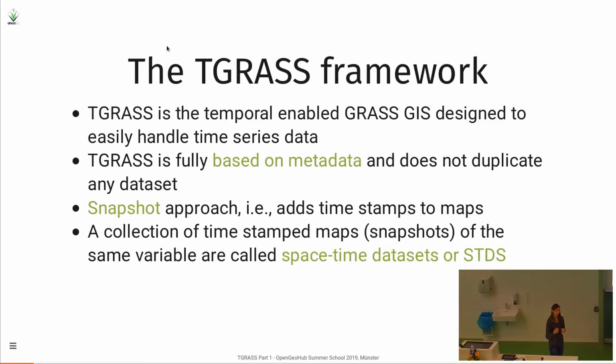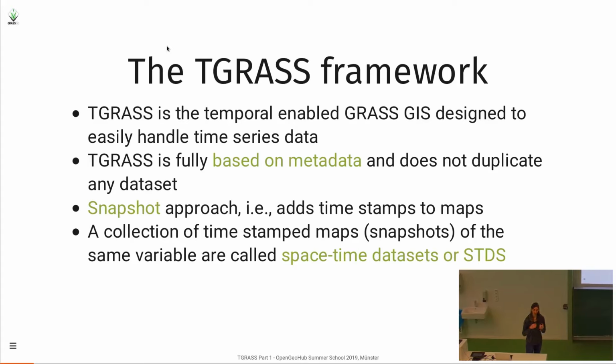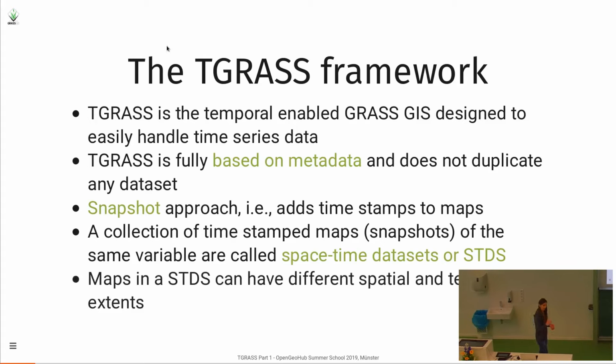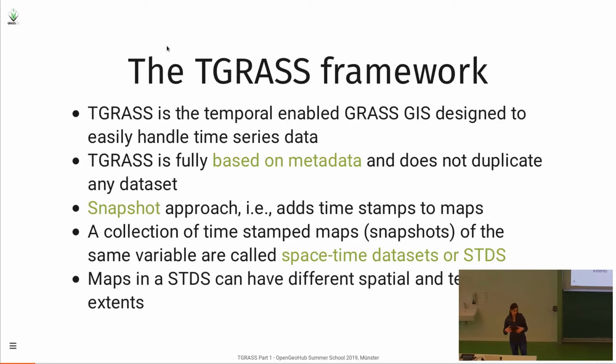When it was introduced, it was a new type of data in GRASS, but it's just collections of either raster, raster 3D, or vector maps. And the maps within these space-time datasets can have different spatial extents and different temporal extents as well.